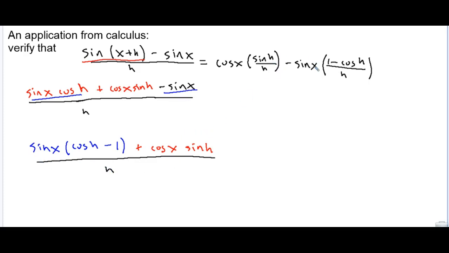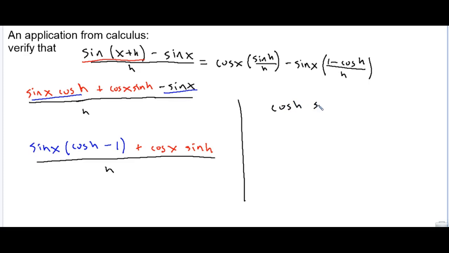Now, does that look like this? Not quite. But I can distribute this h to both of them.